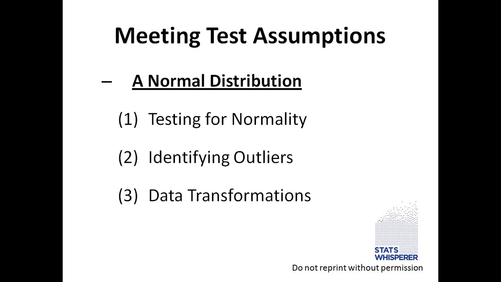So, testing for the normal distribution. There are 3 steps to testing for normal distribution. First, you want to test for normality. You want to see if the distribution is normal, and if it is, you might be okay stopping right there.